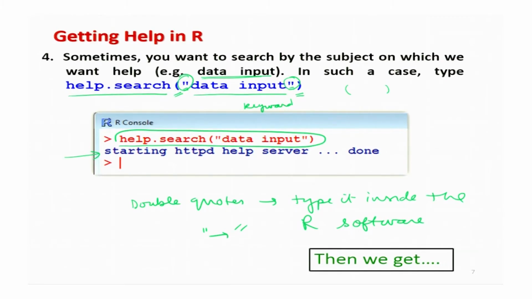So my suggestion to all of you is that whenever you use a single quote or double quote, try to type the command inside the R software. If copying and pasting creates any problem, I would suggest you type the symbols with your own hand, for example single quote, double quote, minus sign, etc., inside the R console.